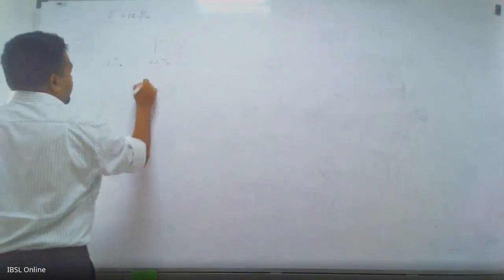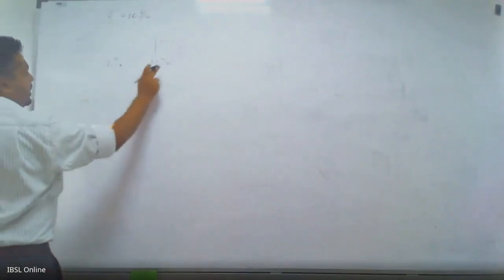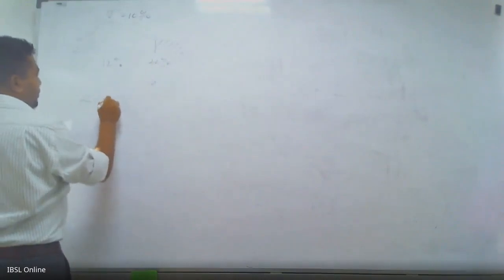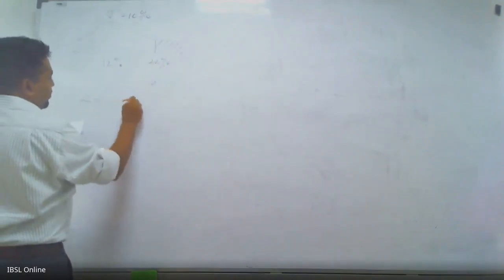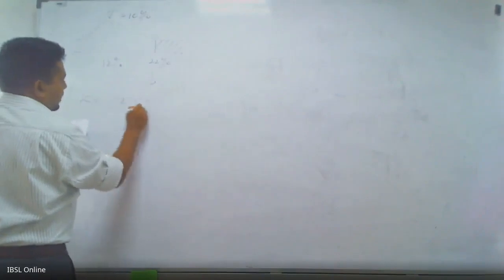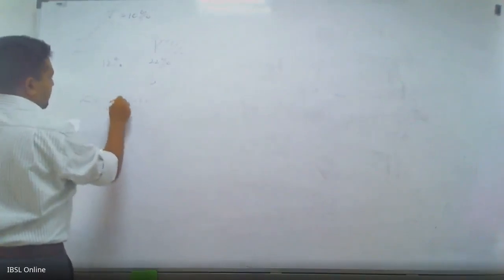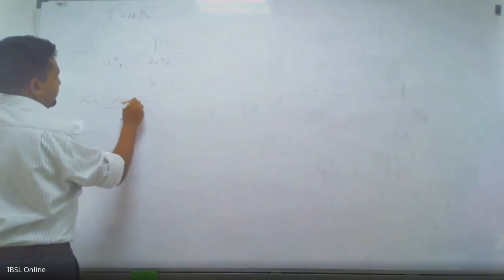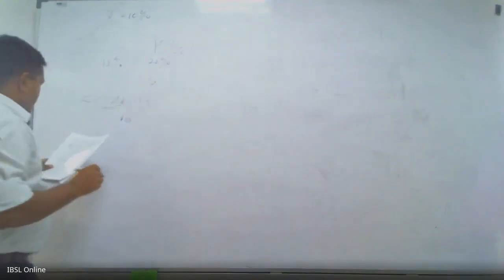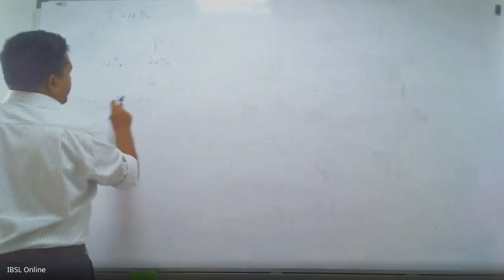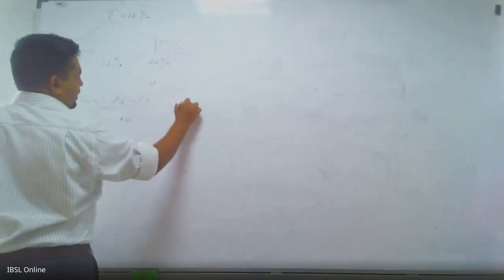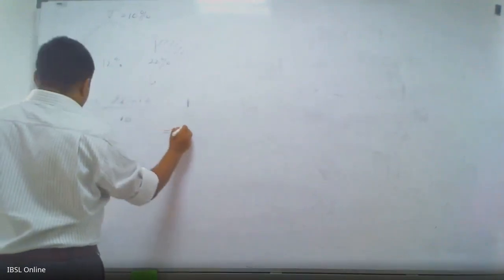Z should be equal to 22 minus 12 divided by the standard deviation of 10. That should be 10 divided by 10. This is 1.